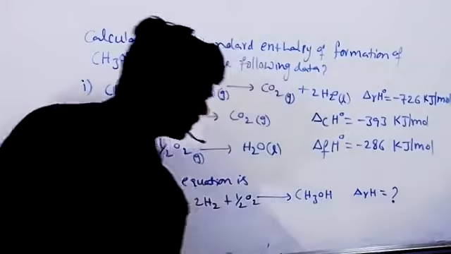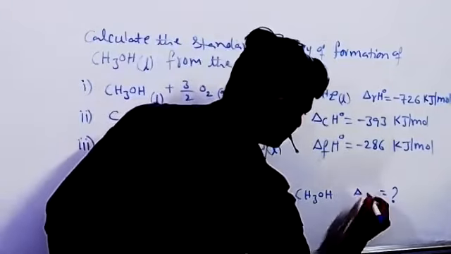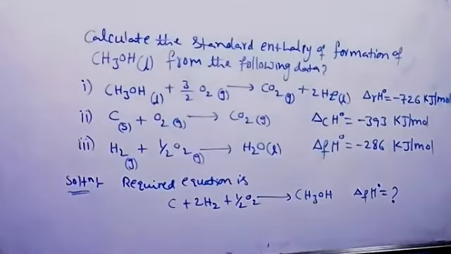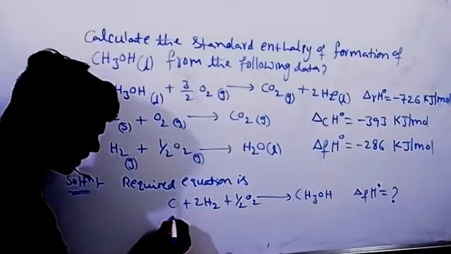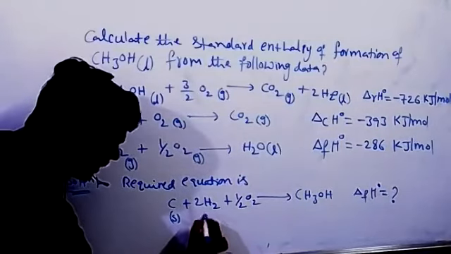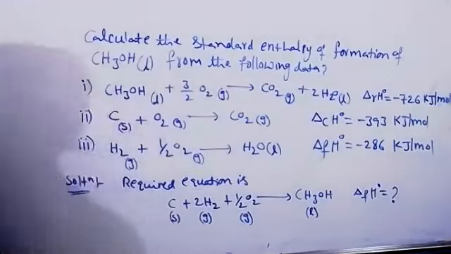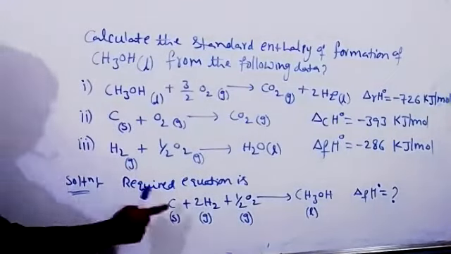This value we have to calculate. It is only the enthalpy of formation, not the standard enthalpy of formation, that we have to calculate. Physical states: carbon is solid, H2 is gas, oxygen is gas, methanol is liquid. So from these three reactions, we have to get this reaction.